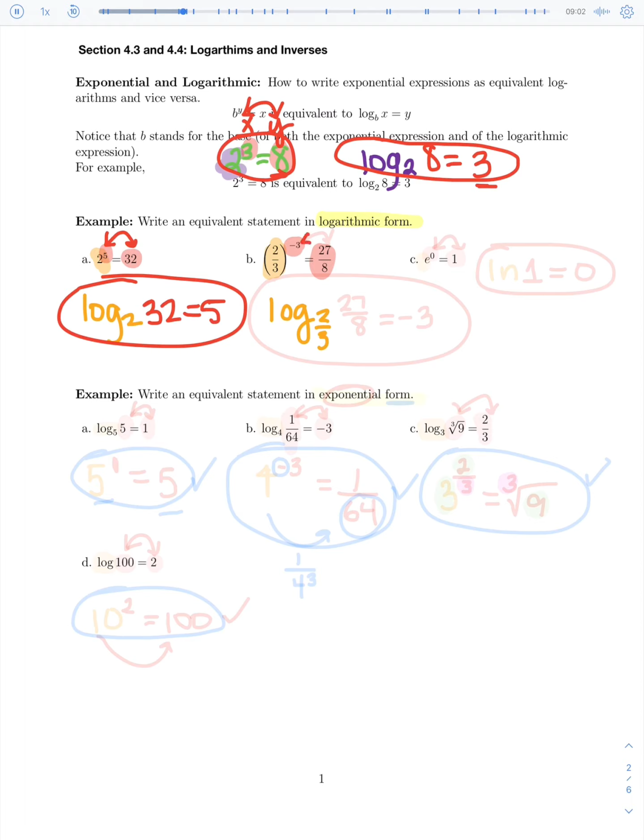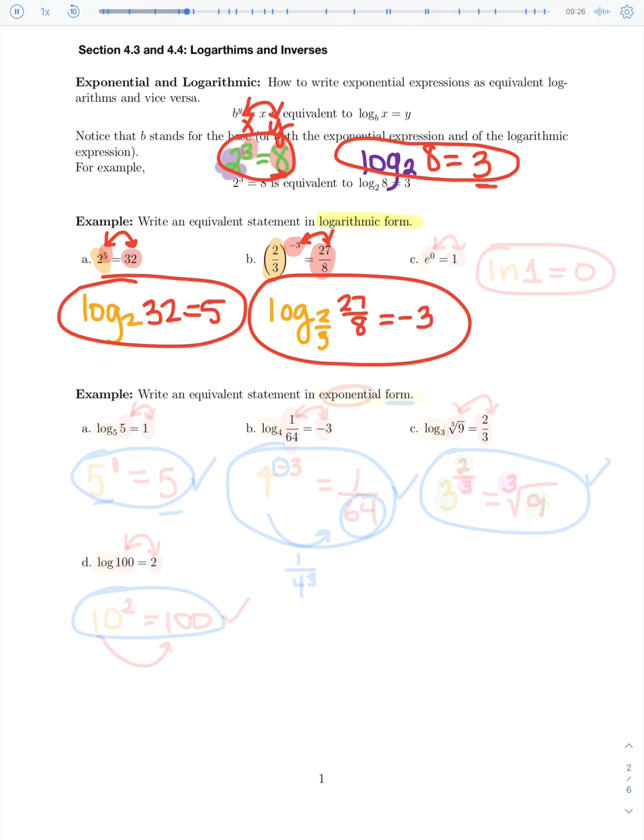The -3 and the 27 over 8. So the 27 over 8 is going to be on the left-hand side now, and the -3 will be on the right. And that's it. So we'll have log base 2/3 of 27 over 8 equals -3.